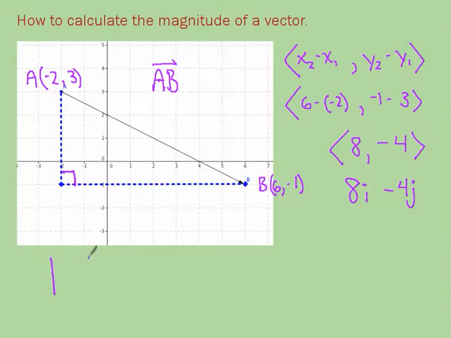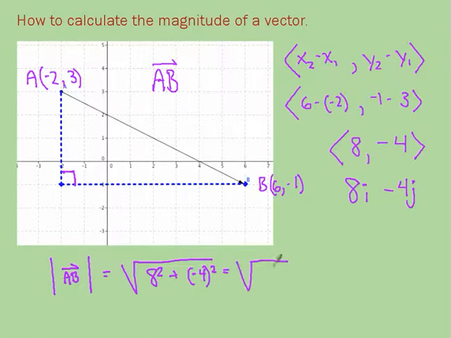I'm going to use these two lines to refer to magnitude. These two lines don't mean absolute value. Like the distance formula, it's the square root of a squared plus b squared.